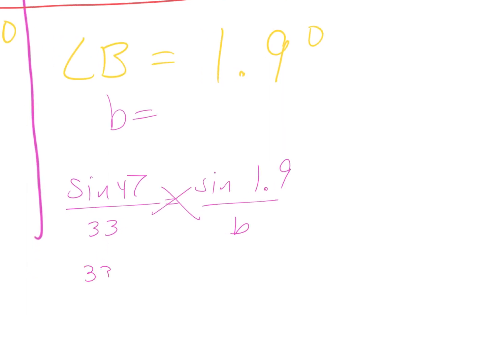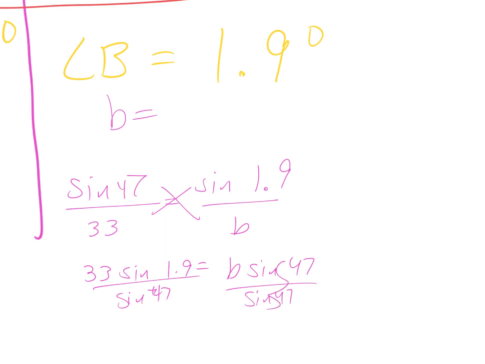You have 33 times the sine of 1.9 equals b times the sine of 47. Divide by sine 47. And little b equals 33 sine 1.9 divided by sine 47. 1.5.